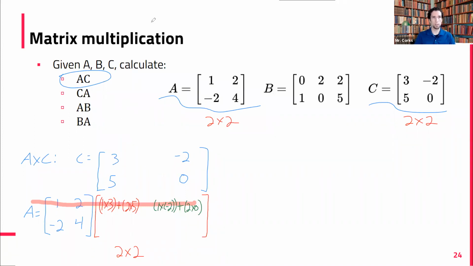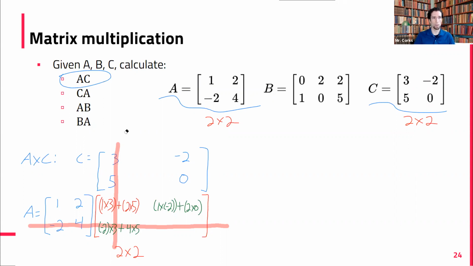So that part's done. So now we have to go on to the second row. Let's go back to red. Second row of the first matrix, and now again times the first column of the second matrix. So our numbers here: -2 multiplied by 3. Okay, -2 times 3 plus 4 multiplied by 5.